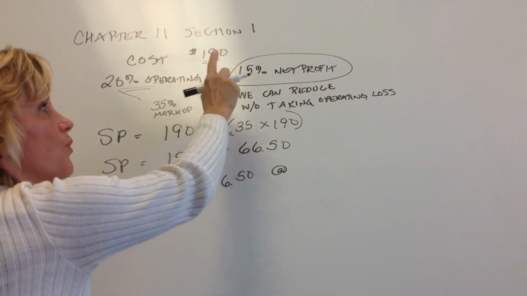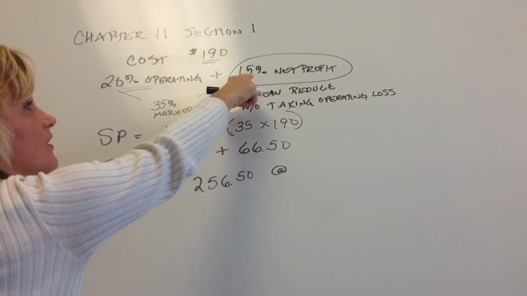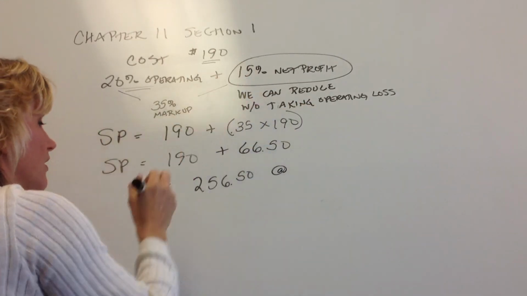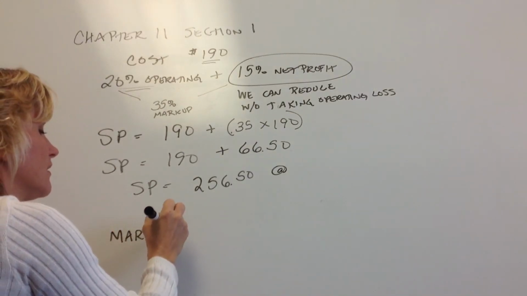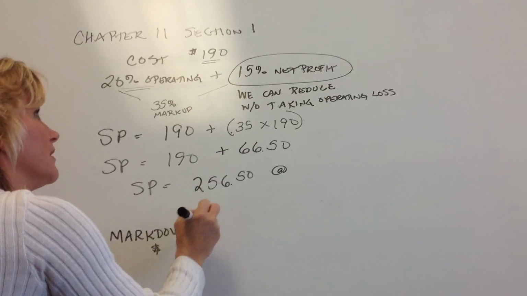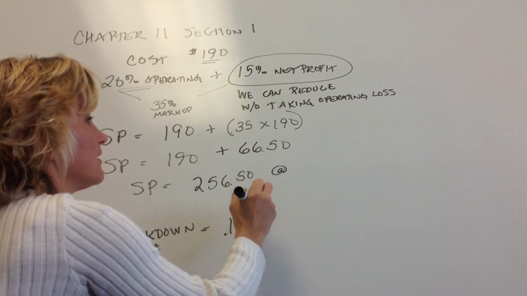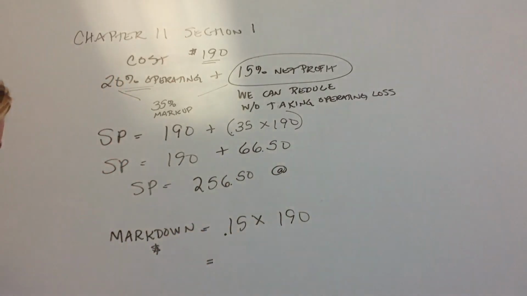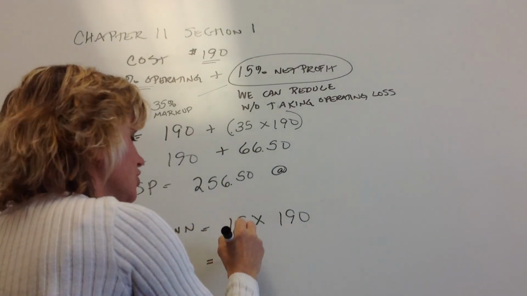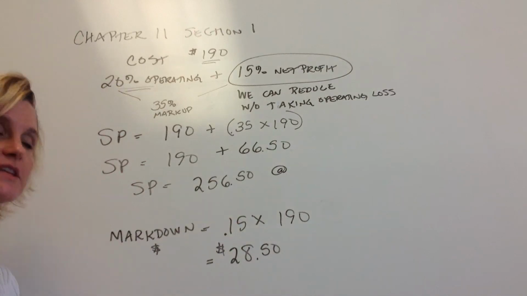Okay. Then we want to know, well, what percent can we mark it down without taking an operating loss? So I know that this is the piece I can mark it down. So my markdown dollar amount is going to be 15% or 0.15 times my cost of $190. So that's a $28.50 markdown.